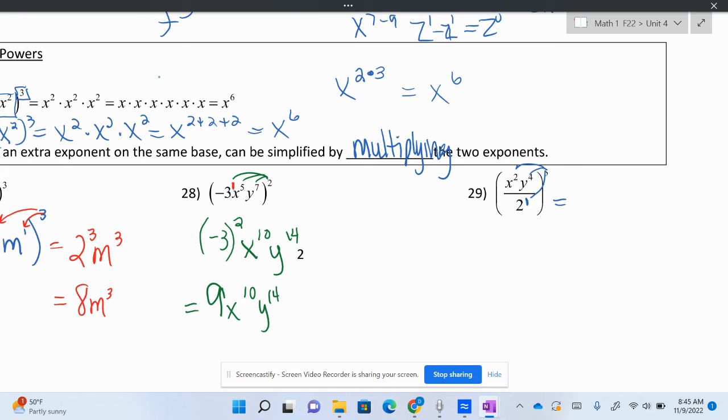So that becomes x to the 2 times 5, which is 10. Y to the 4 times 5, which is 20, over 2 to the 1 times 5, and I'm going to simplify it one more step because I know that 2 to the 5th power is 32. So x to the 10th, y to the 20th over 32. Thoughts?